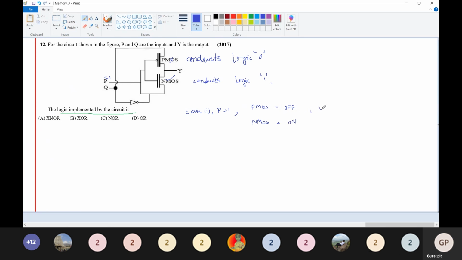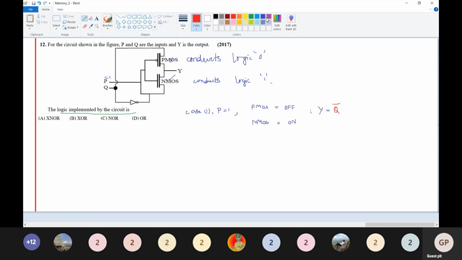So this is not going to conduct and this is going to conduct, so Y is equal to Q dash.